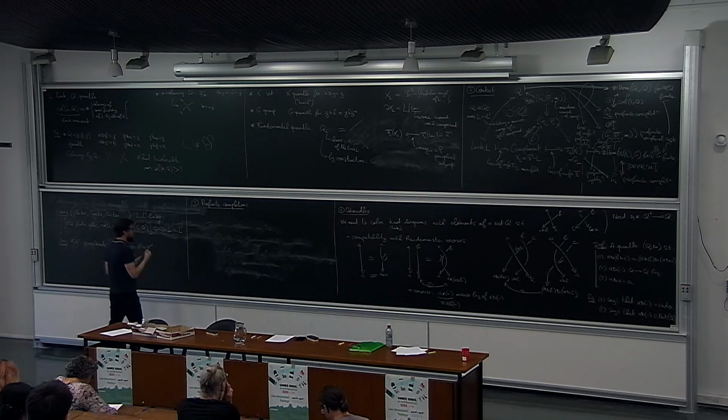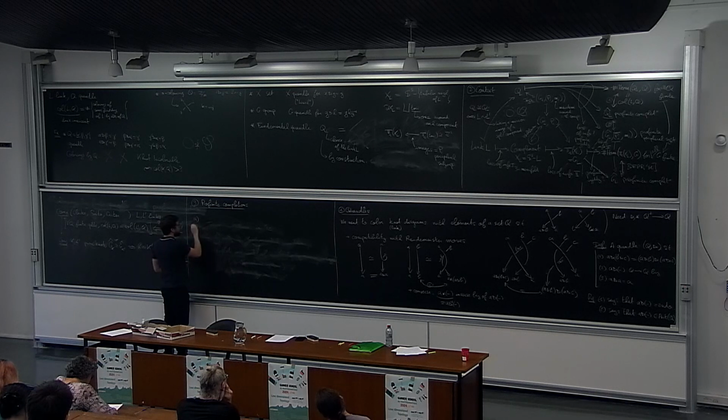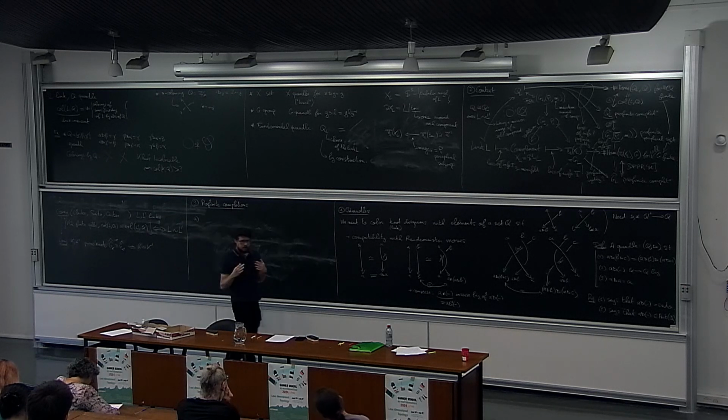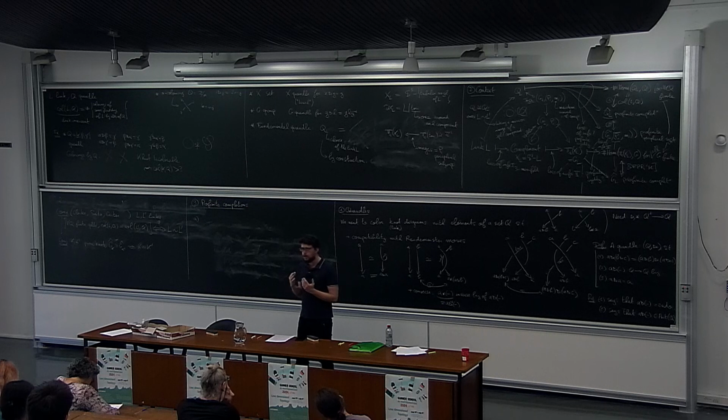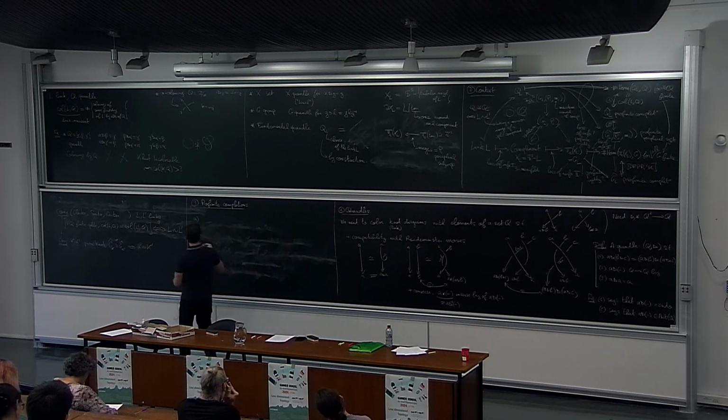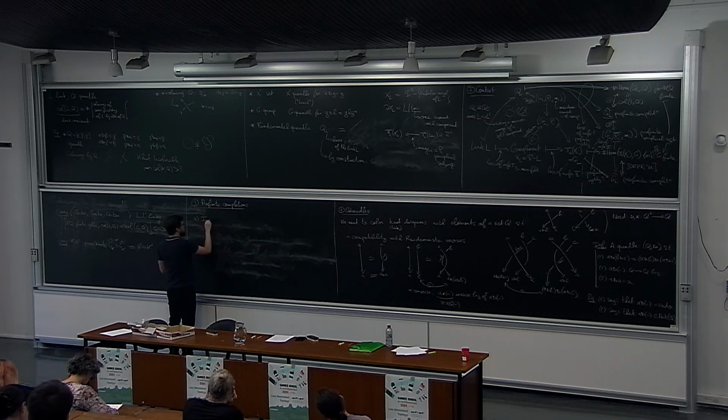And the first thing I have to do is to explain a bit of the interactions between quandle theory and group theory. And for that, I have to speak a bit about inner automorphisms.